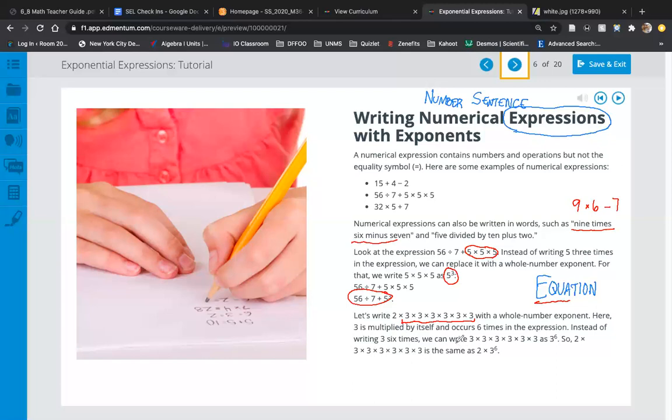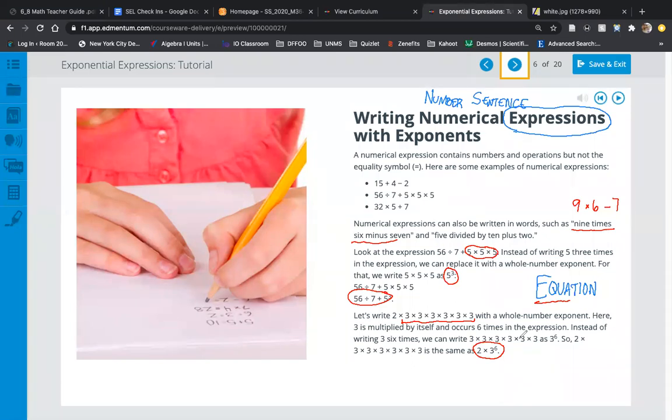Again, even more things to write down. So instead of doing that, you can really simplify this whole thing here by writing 2 times 3 to the power of 6, right? And you can see that that takes up a whole lot less space. So that's really why we have exponents in math, is to simplify things, right?